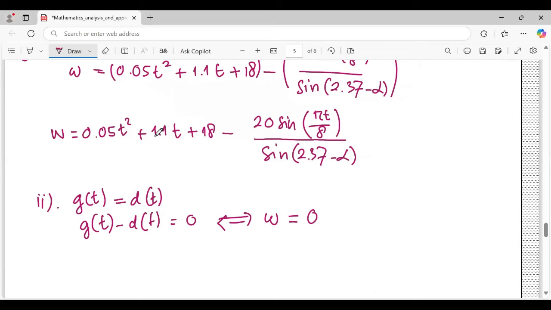W equals 0 means 0.05 t squared plus 1.1 t plus 18 minus 20 sine pi t over 8 over sine 2.37 minus alpha equals 0. I need more space.